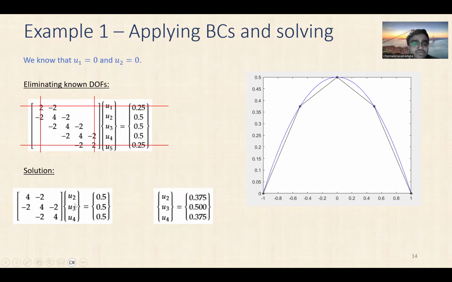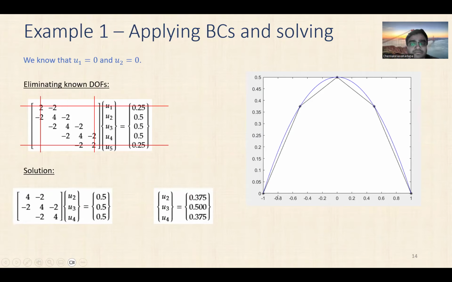U2, U3, U4 are the values that we don't know, so we find them by solving this 3 by 3 system. Once we solve for U2, U3, U4, we get the values.